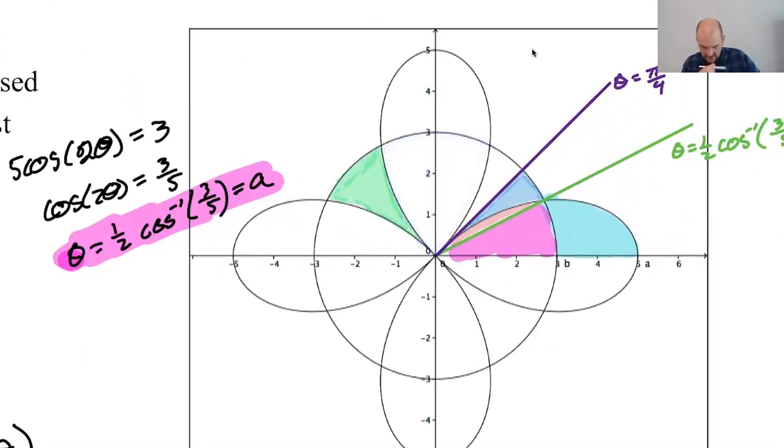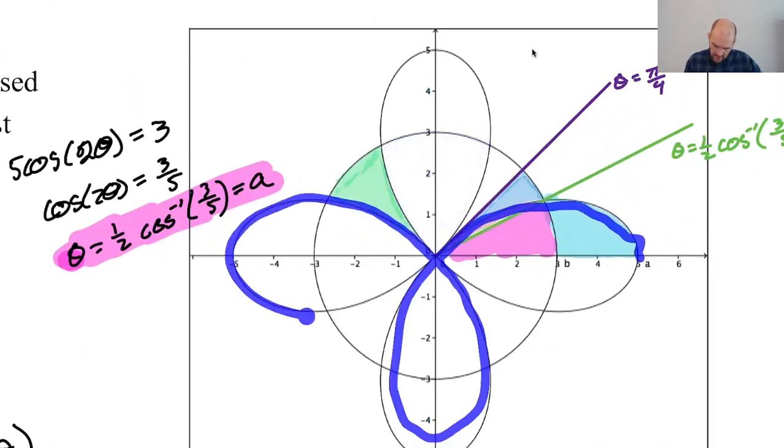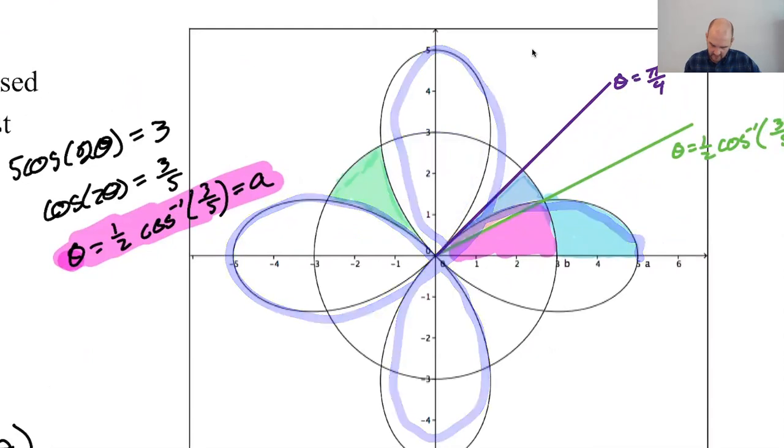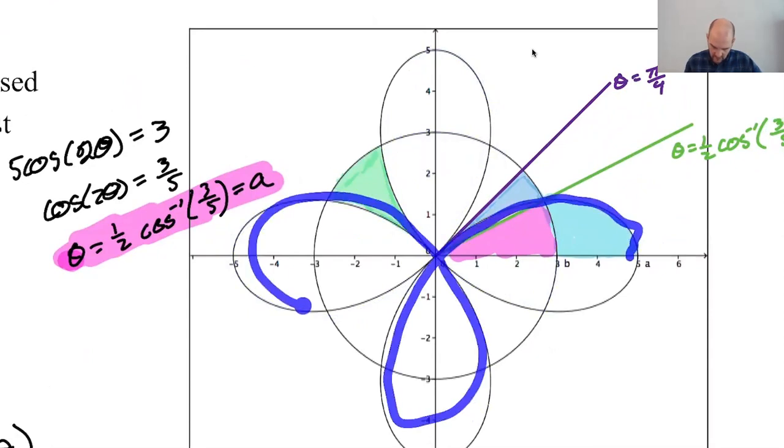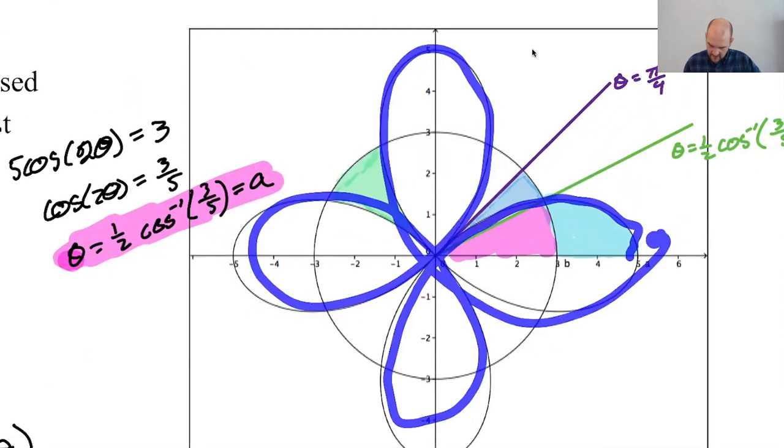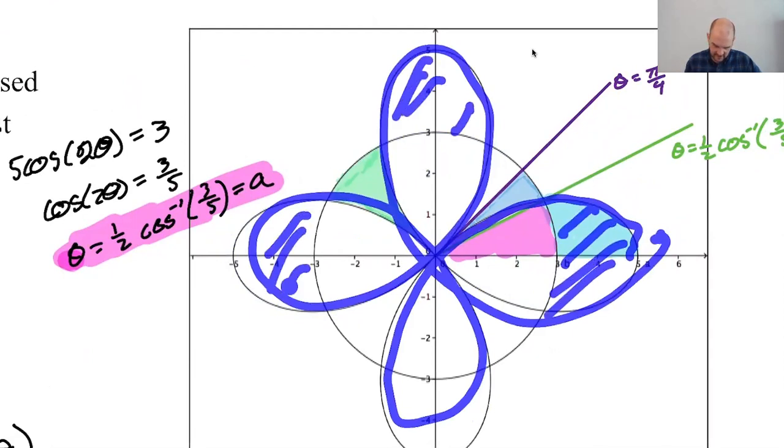So I think that if I just do the entire rose curve and I subtract off what was in both of them, which we already got, that should give me, wait, what am I doing? I want the thing that's in both. If I take the entire rose curve, blah, blah, blah, and then subtract off just the rose curve, I will be left with just in both of them.